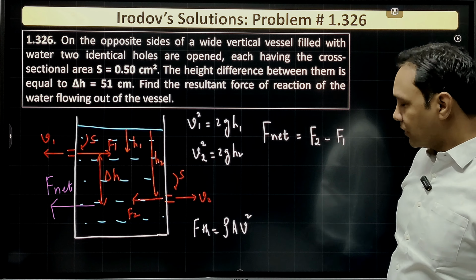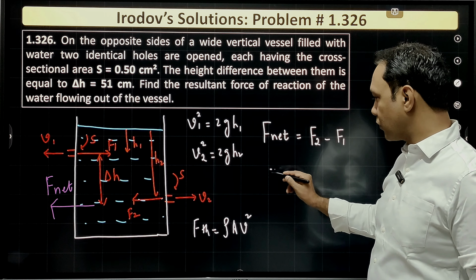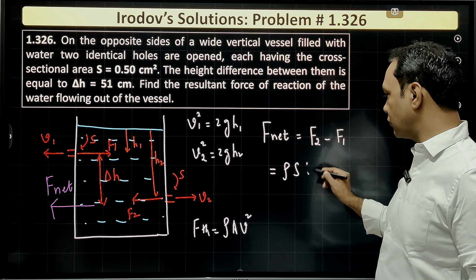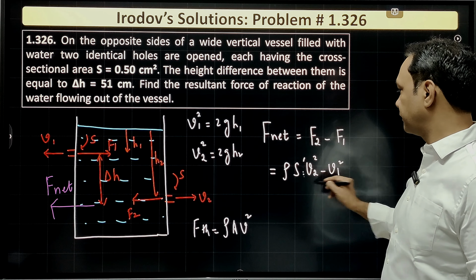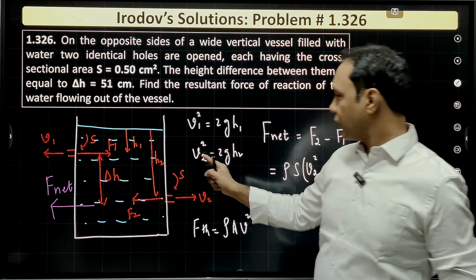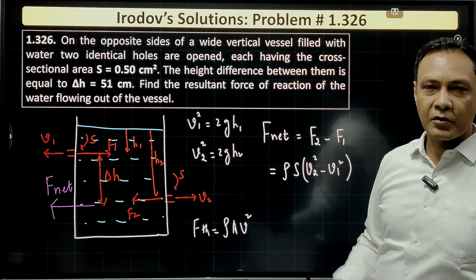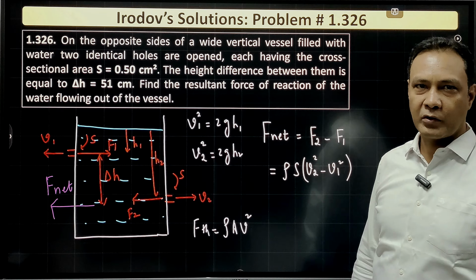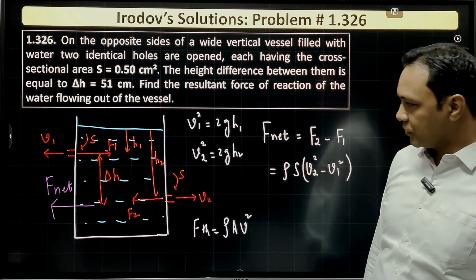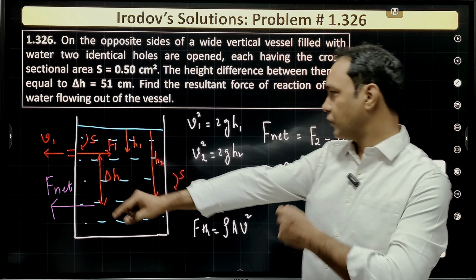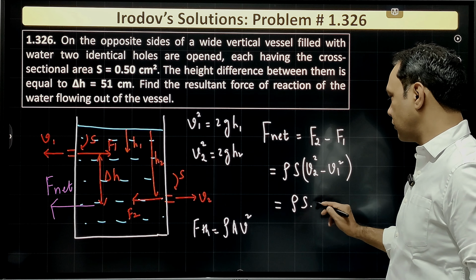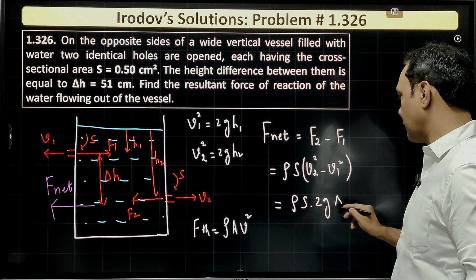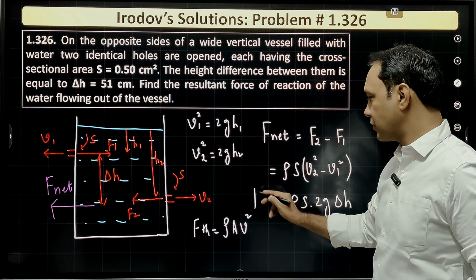Area of both holes is S, so this would be rho S into v2 square minus v1 square. v2 square is 2g h2, v1 square is 2g h1, so v2 square minus v1 square is 2g into h2 minus h1, and h2 minus h1 is delta h. So this is rho S into 2g delta h, and that is F net.